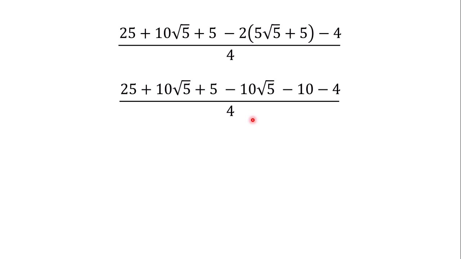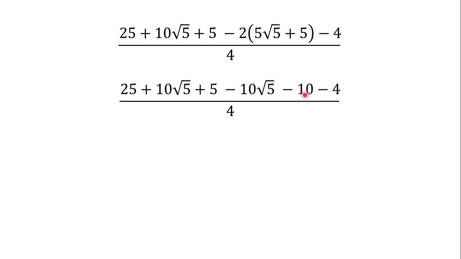Okay, here let's find out what we can do. Is there any number that can be eliminated or cancelled out? You can see that here we are having 10 root 5 and it's positive. But when you come here, you're having the same 10 root 5 but it's negative. So this and this will cancel out. And when that happens, we are left with this, this, and that.